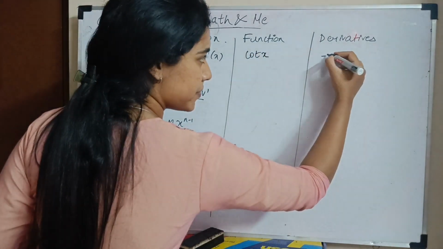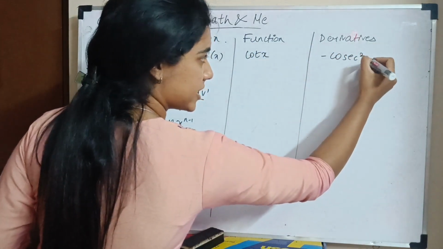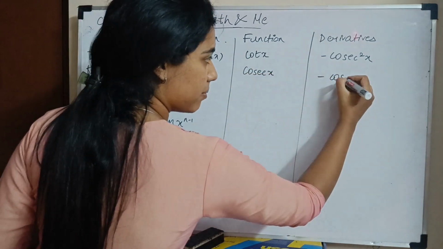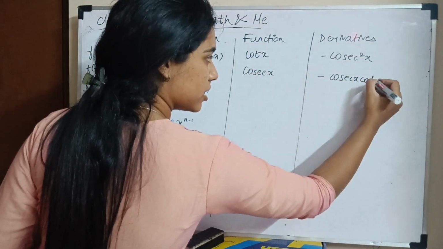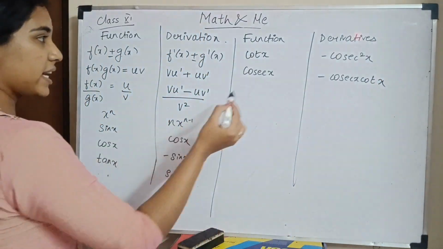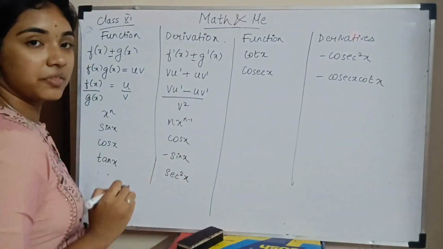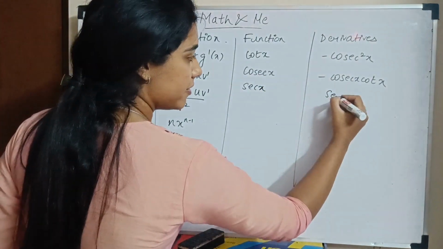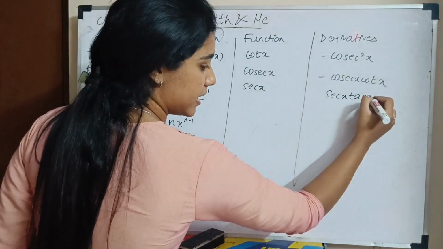For cot x, minus cosecant square x. For cosecant x, minus cosecant x cot x. That is, remember that wherever c appears, the derivative is negative. Next, for secant x we have secant x tan x.